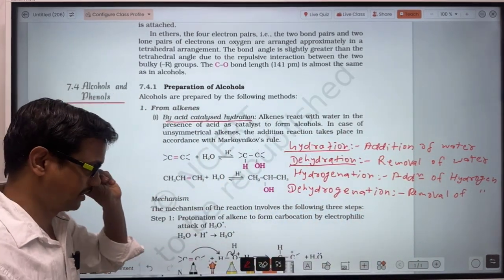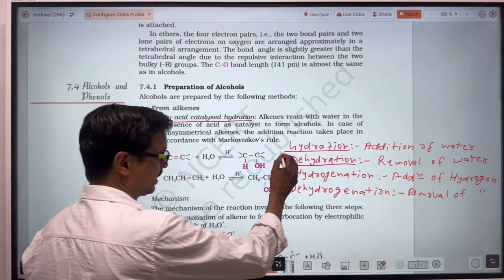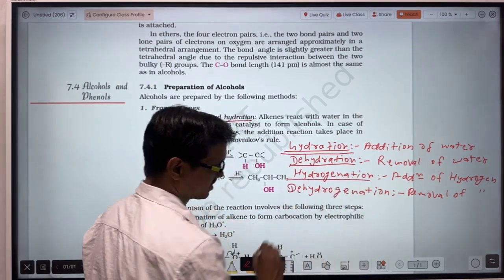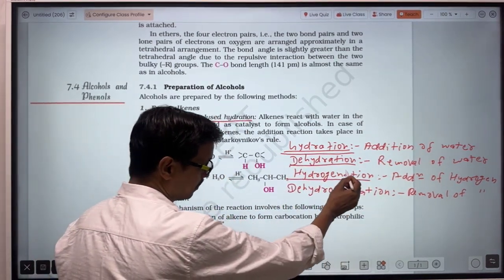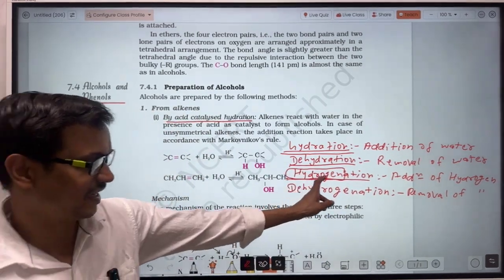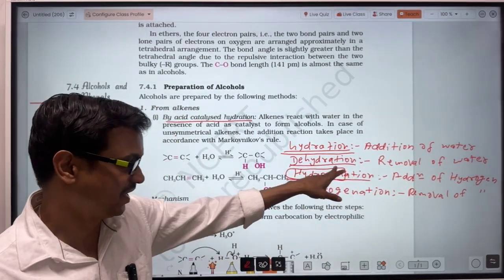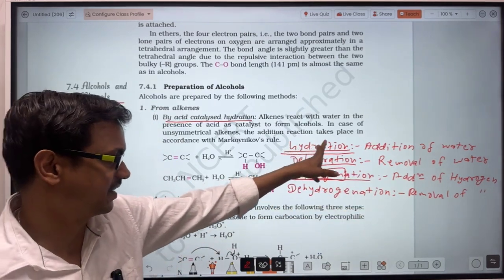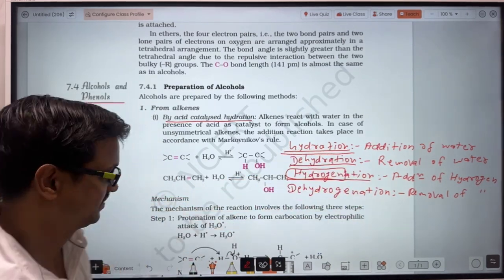If you get confused in the examination or anywhere, anytime, between hydration and hydrogenation, note that in hydrogenation the full term hydrogen has been written, and hydration means water.